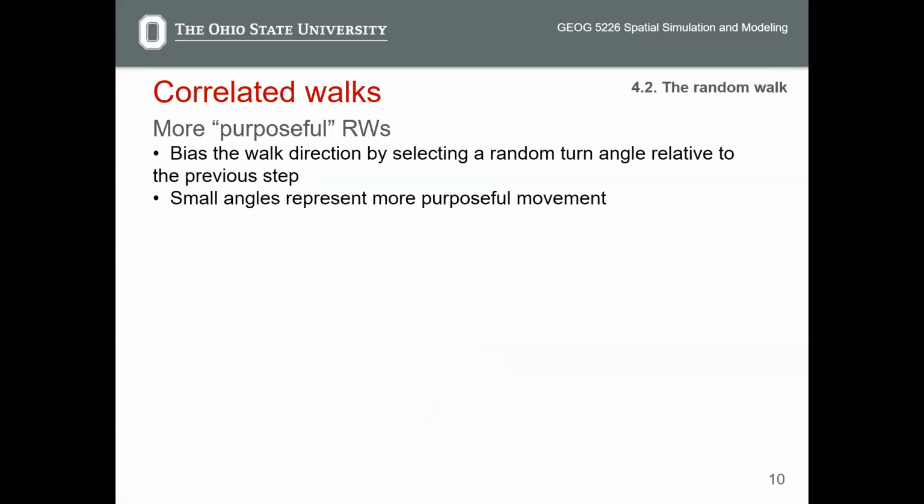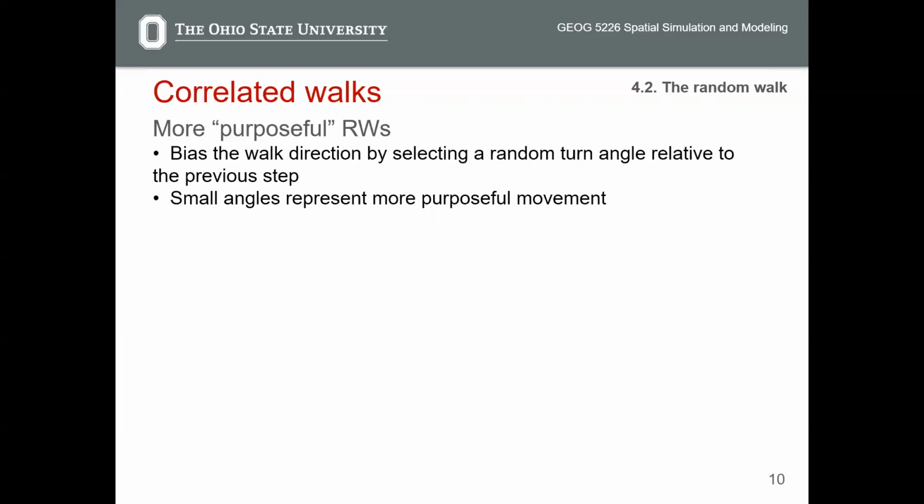Next one is called correlated walks, or correlated RW. It's a more purposeful RW. Why? Let's say it biases the walk direction by selecting a random turn angle relative to the previous step. What does it mean?